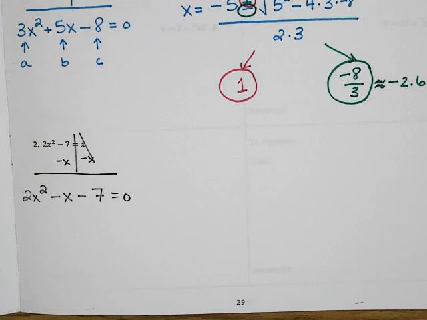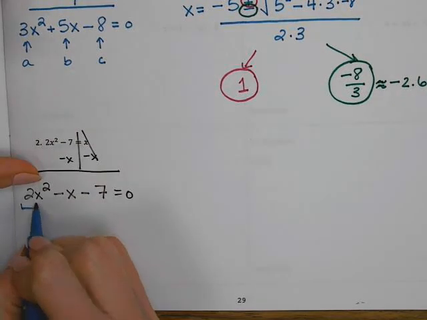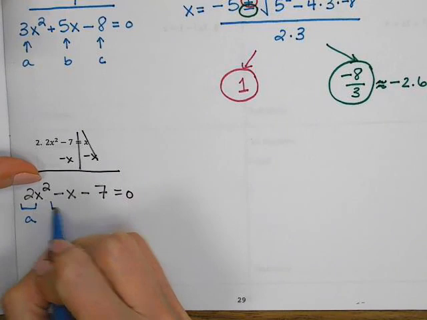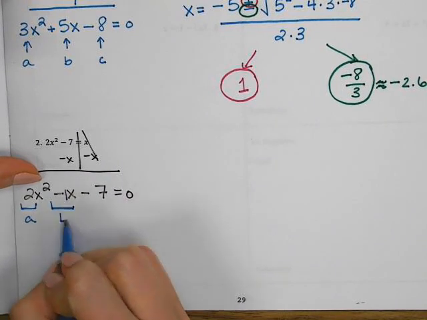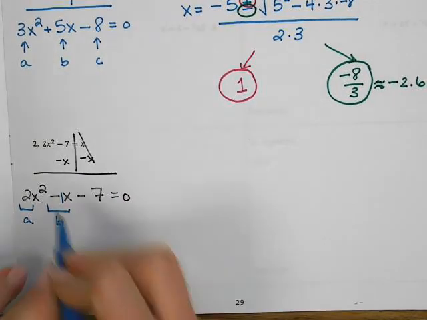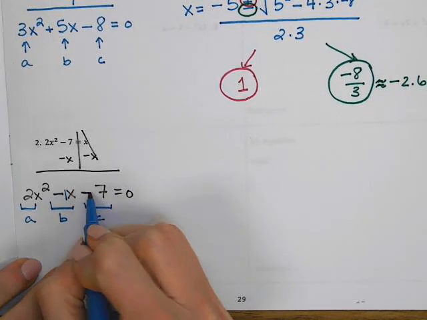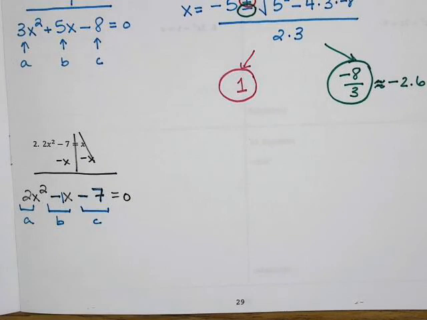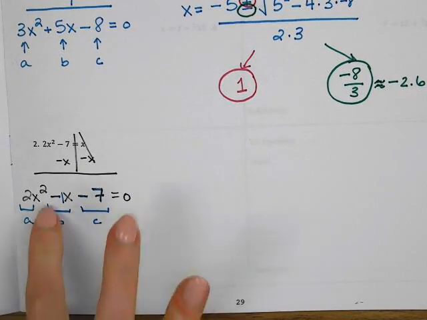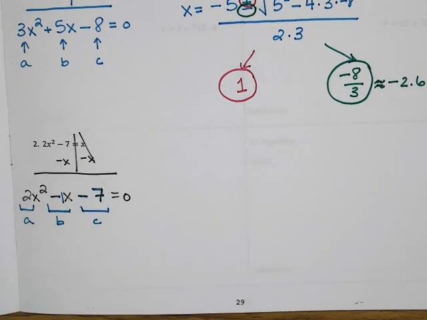That's your ABC descending order. So in this problem, A is 2, B is actually negative 1, and C is negative 7. So make sure you include those negative signs with them.